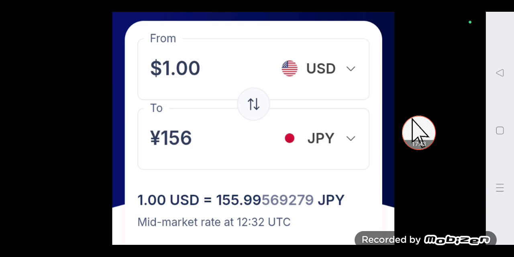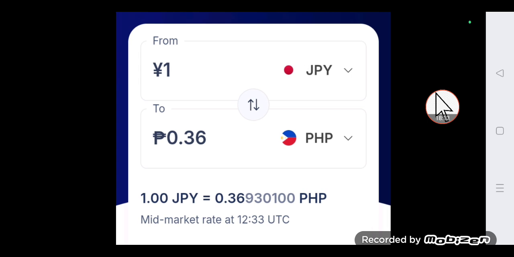And we have here the dollar exchange. This was shot, I think, three hours ago, so this is for February 26, 2026 exchange rates. One dollar is equivalent to 155.9957 Japanese yen. And for our friends in the Philippines, one Japanese yen is 0.3693 of a Philippine peso.